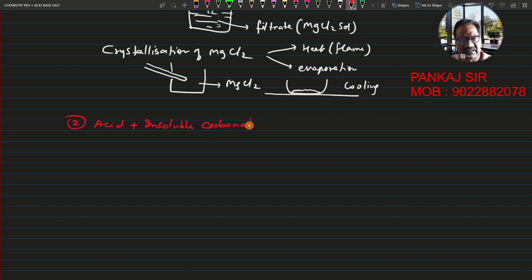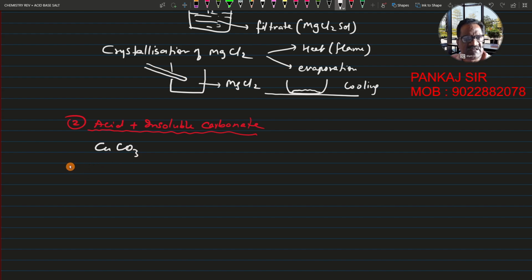Now here in this method, I am going to take an example of say nitric acid. Okay, and the carbonate that I want to take is copper carbonate, CuCO3.